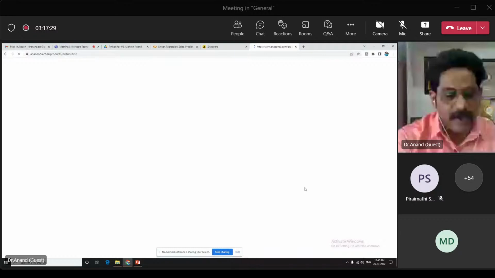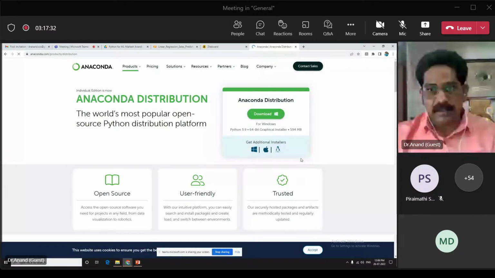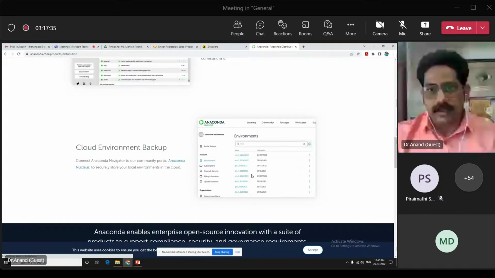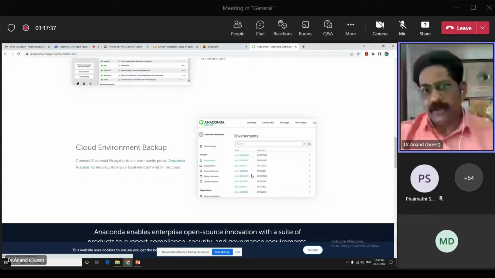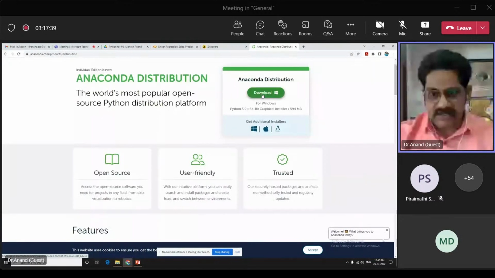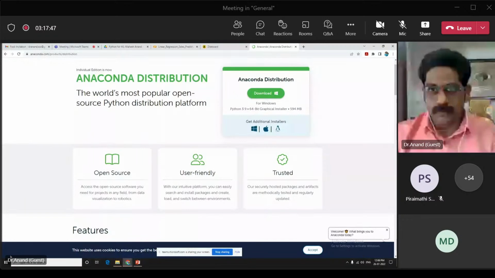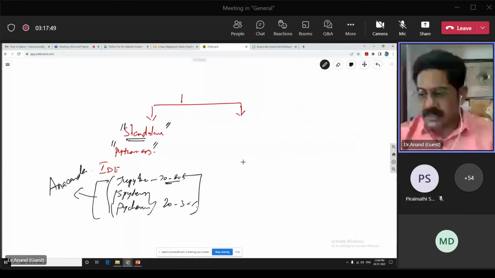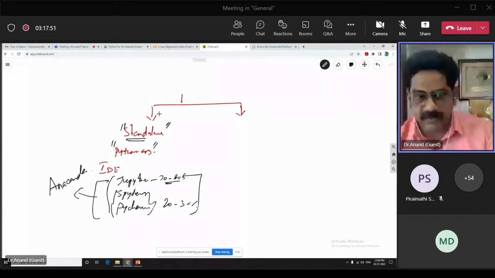Directly you can download this on the download page. After downloading Anaconda, you will be able to open the Jupyter notebook page. You can start doing the coding. This is one way of installing Python and writing the code. This is standalone. Another option, what I'm going to use, is cloud-based.